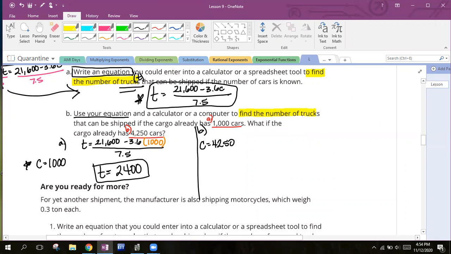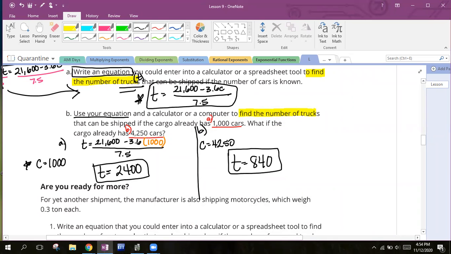Pause the video and see if you can type that correctly into your calculator. If you typed everything correctly, you should have gotten 840. If you did not get 840, you must not have followed order of operations, or you did not enter it correctly.